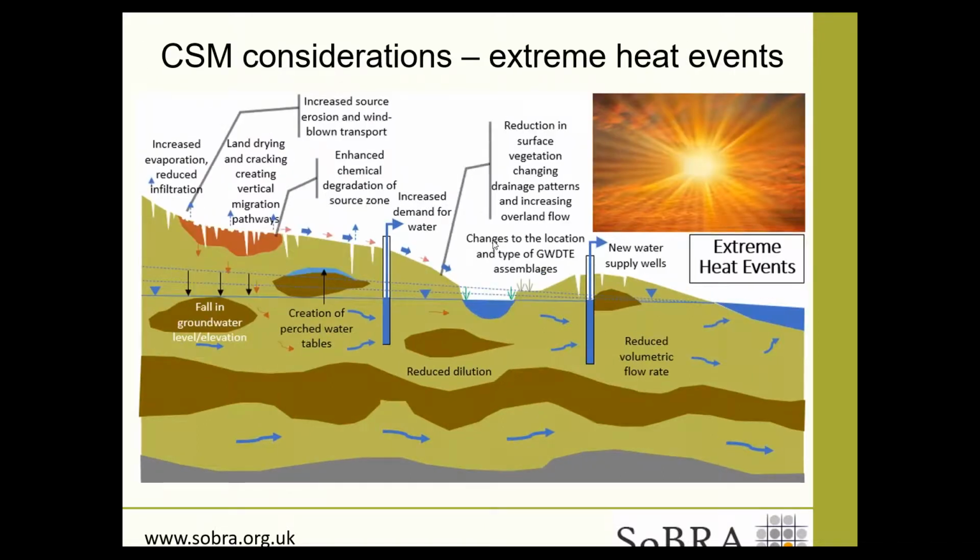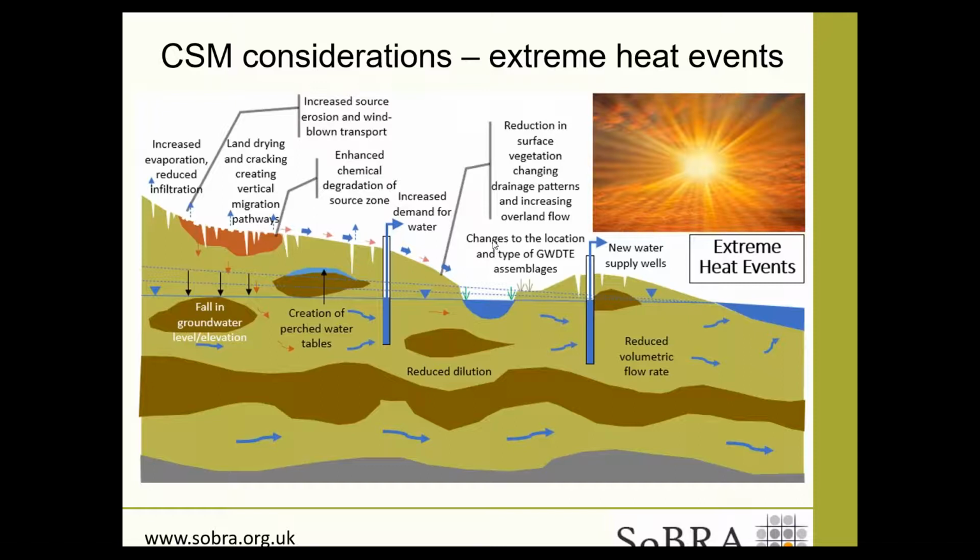And then on the flip side, we've got changes to the CSM as a result of extreme heat events and average air temperatures increasing. So the slide again just shows a selection of ones that we've been thinking about. You could get increased evapotranspiration and reduced infiltration, in particular potentially lower recharge in summer months. If you've got cohesive soils at the surface, they may crack.